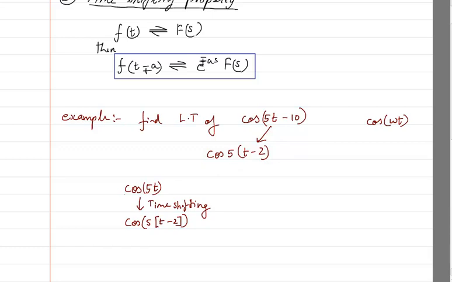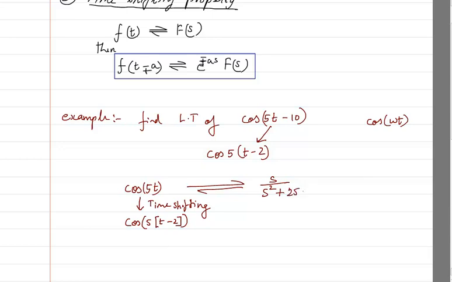So I have written it in steps: first I will get cos 5t, and why have I written it like this? Because I know that the Laplace transform of cos omega t is s divided by s square plus omega square. What is omega here? 5, so it is 25.